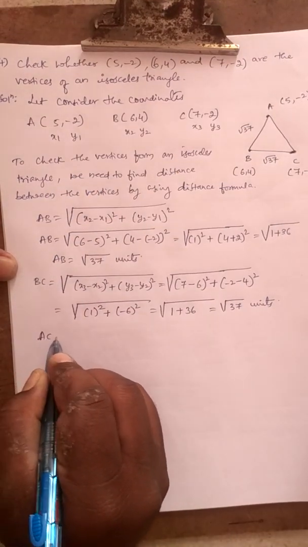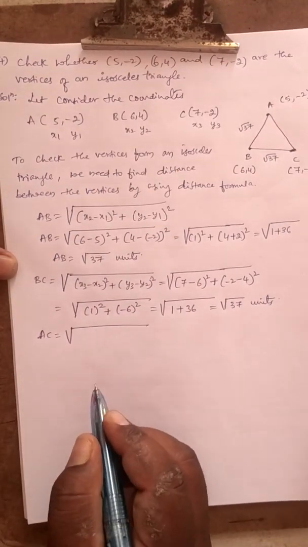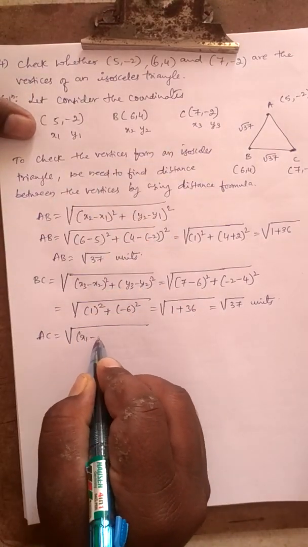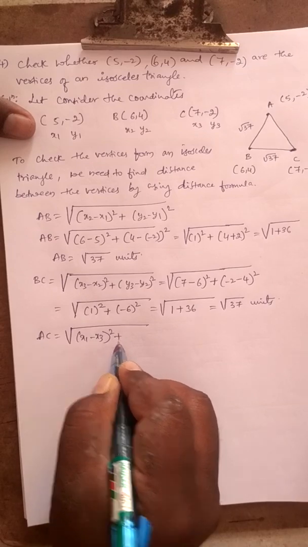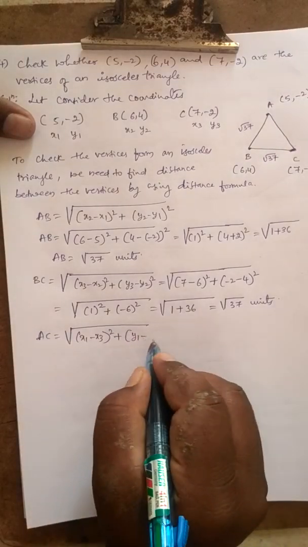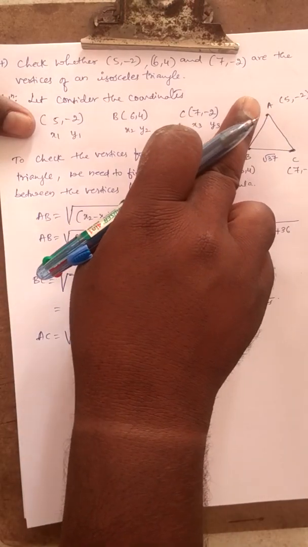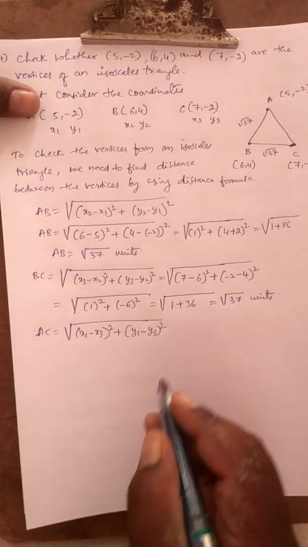So here AC is equal to, how to write the formula for this AC? x1 minus x3 square plus y1 minus y3 square. We have to find the distance from A to C or CA, both are the same.